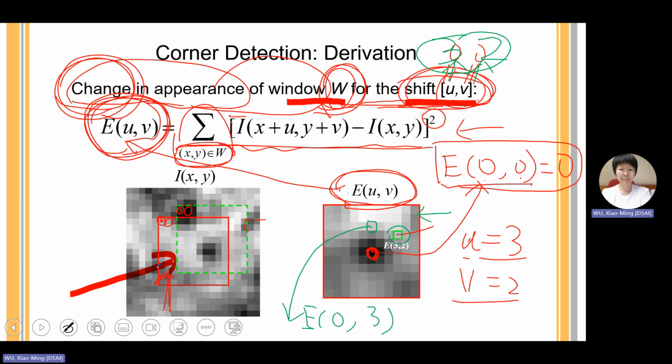The blue one is obtained by shifting the window upward by 3 pixels.